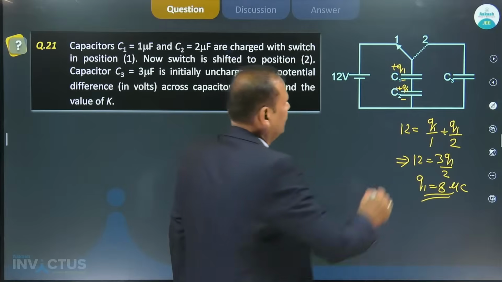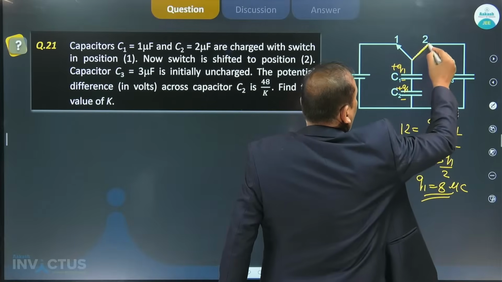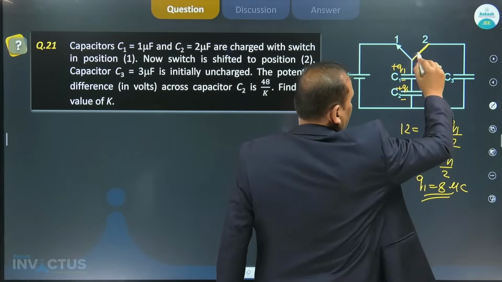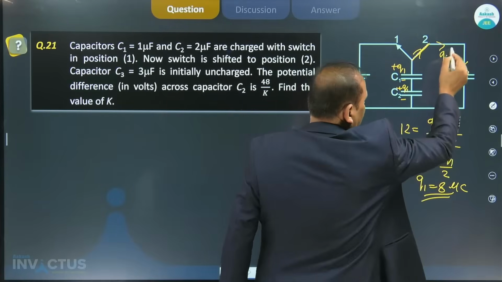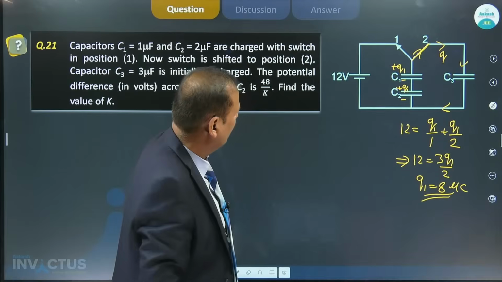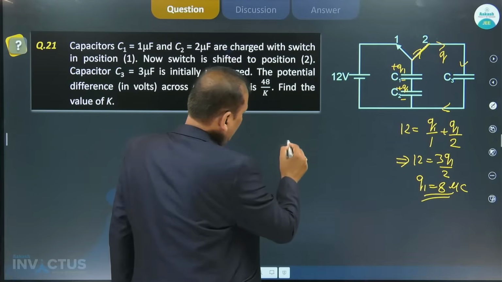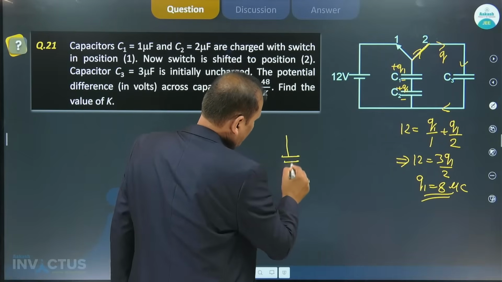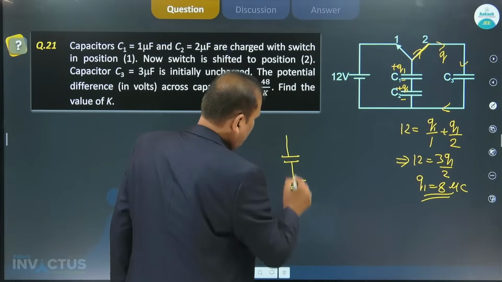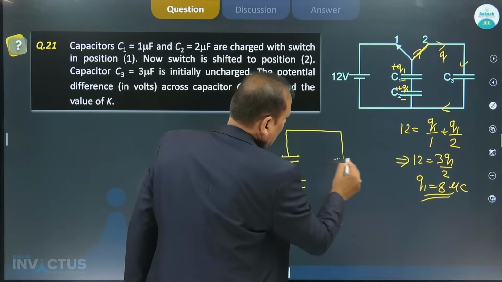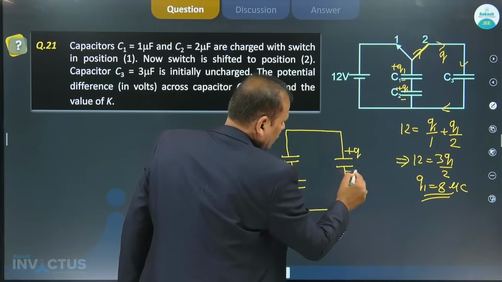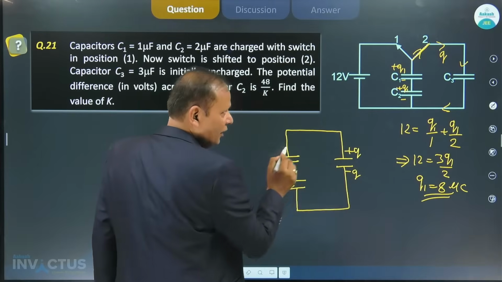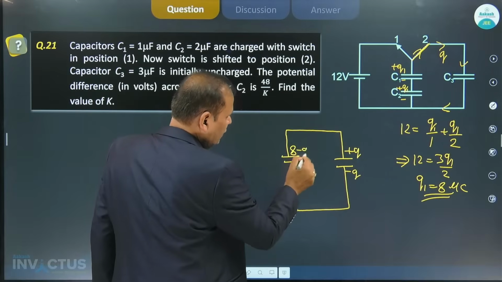And finally, when you connect this, some charge will flow. Consider charge Q flown. So the circuit will be like this. Plus Q, minus Q. Here 8 minus Q, plus.